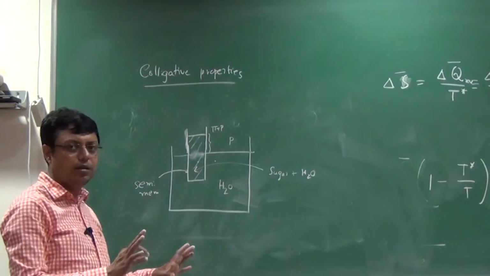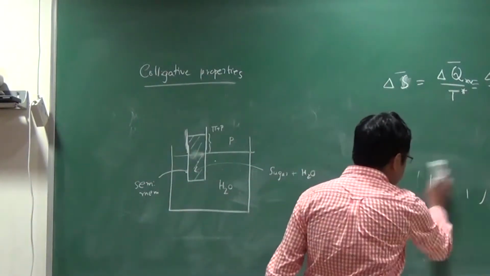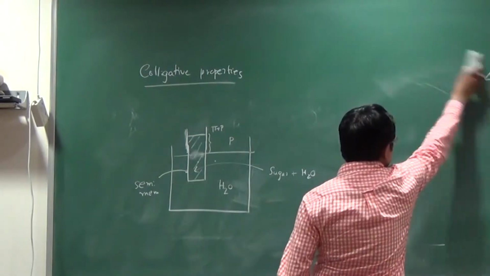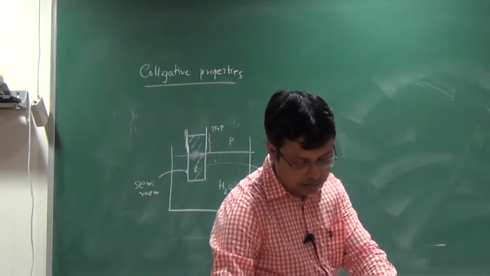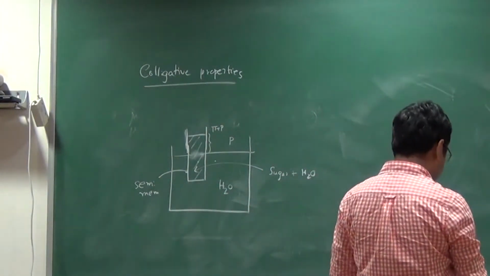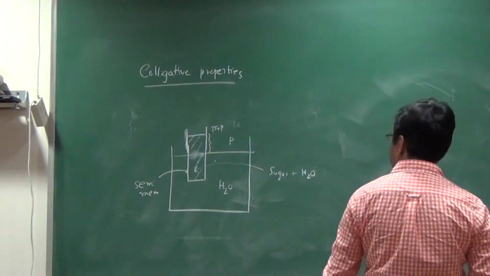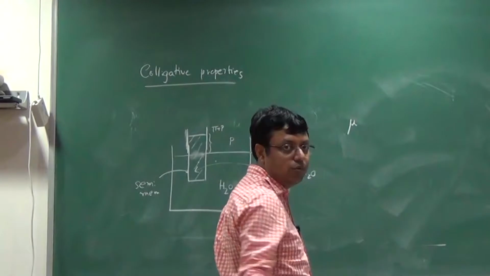Now again, let us try to follow somewhat similar notation. If I want to write a very simple equation for the osmotic pressure, I should write mu in the two phases should be identical.